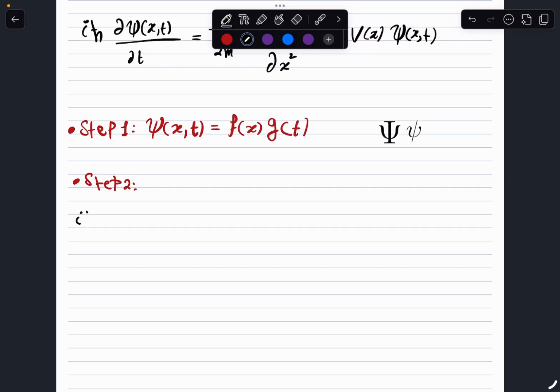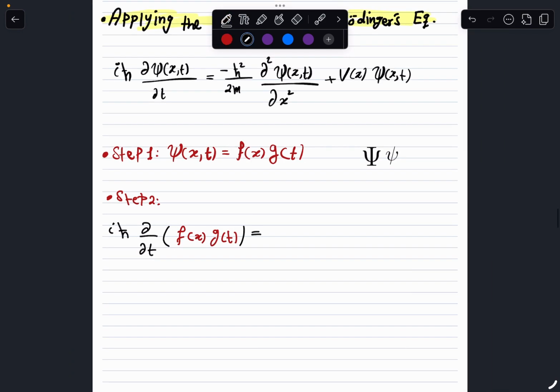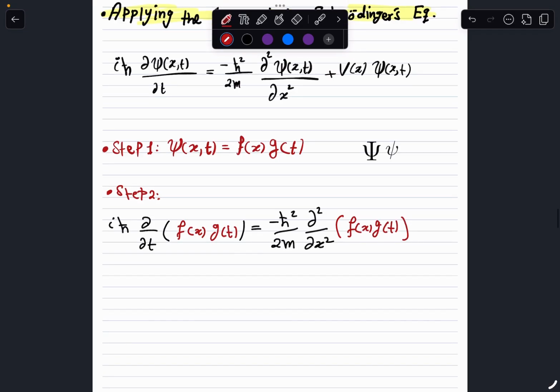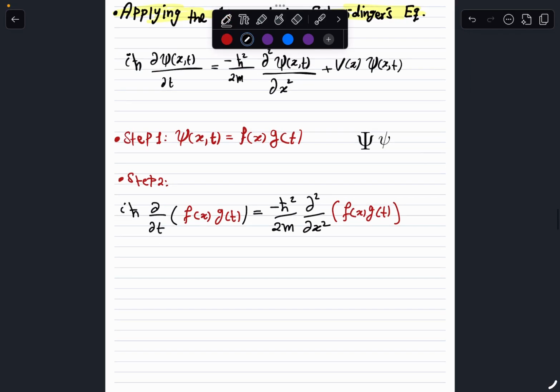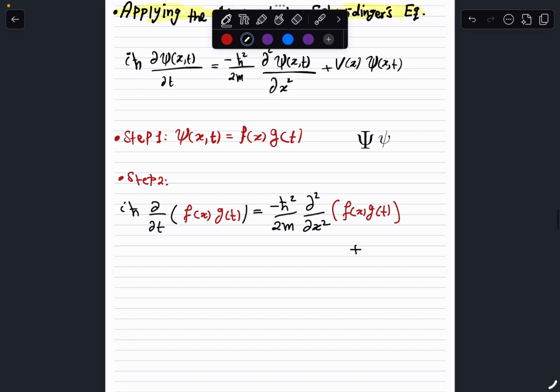So we'll have i h bar partial over partial t of f of x g of t, equal to minus h bar squared over 2m partial squared over partial x squared of f of x g of t, plus v of x f of x g of t.